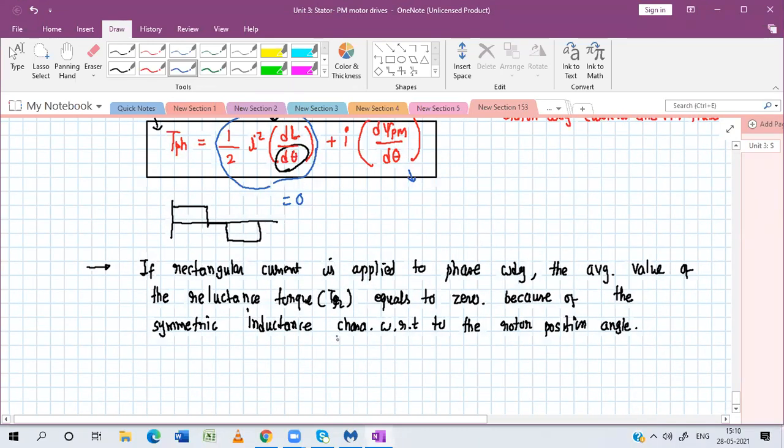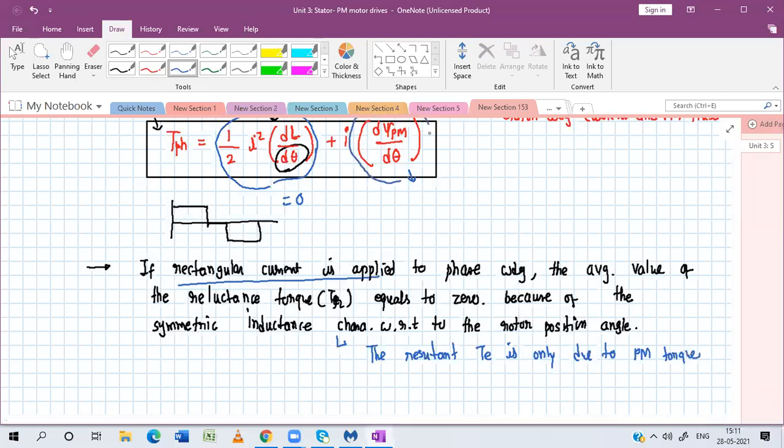So in that case, if rectangular current is applied, the resultant torque Te is only due to the permanent magnet torque, meaning only due to this term. I hope that up to here it is clear.